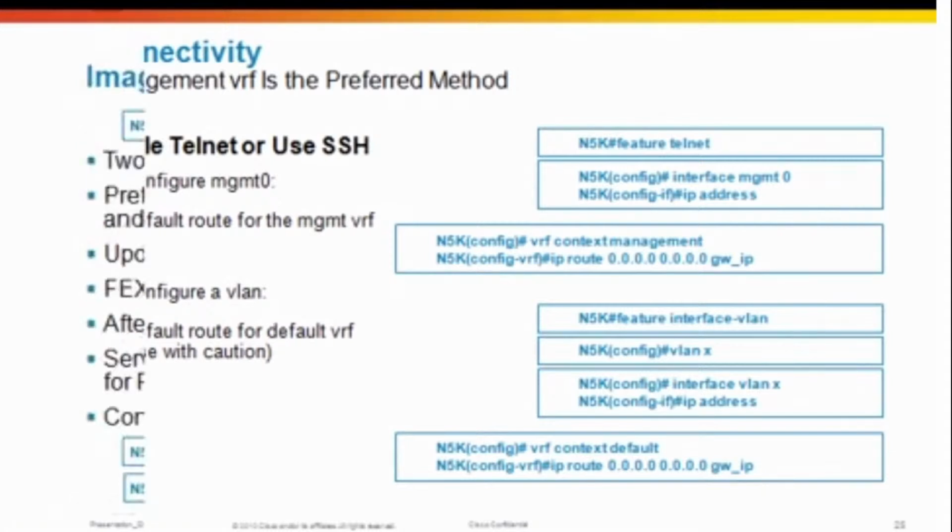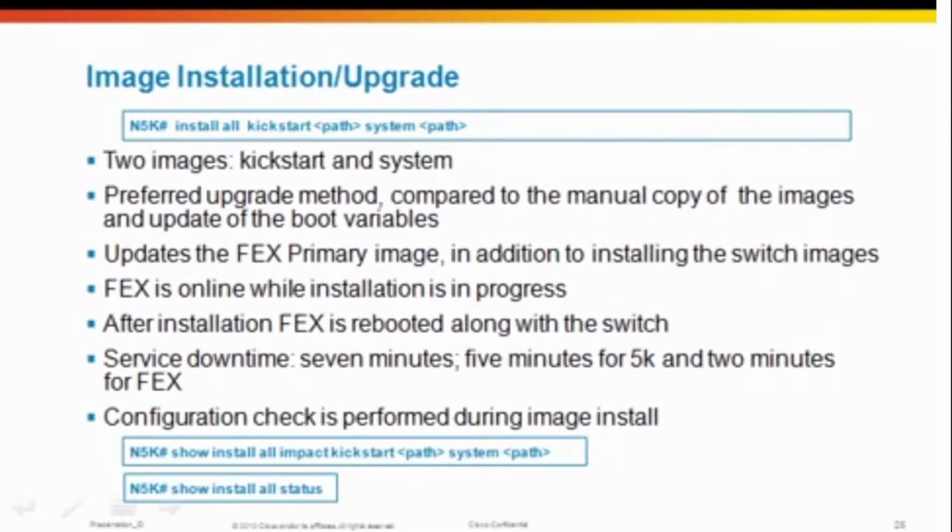Once we've configured connectivity, another fundamental thing is how to upgrade your code. The command is a little different than iOS here, and it's a little different also in the structure because there's two files. There's what we call the kickstart image, and then there's what we call the system image.